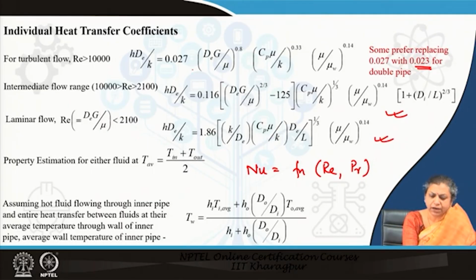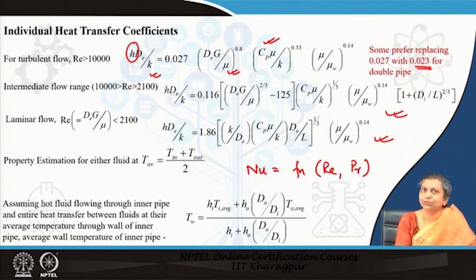Now, for finding out H, what are the things that you need? You need to know K, you need to know mu, you need to know Cp, right. If you have seen the problem that I had given you, the mu was specified over a range of temperature, and you will find that mu is quite a significant function of temperature.